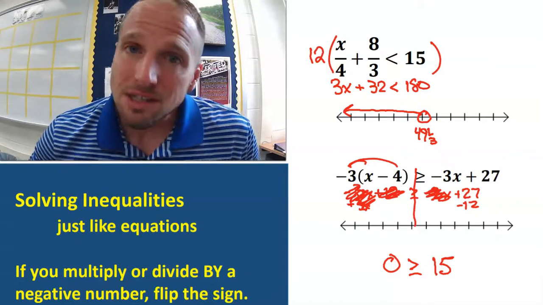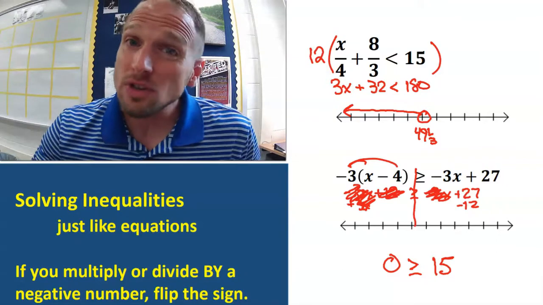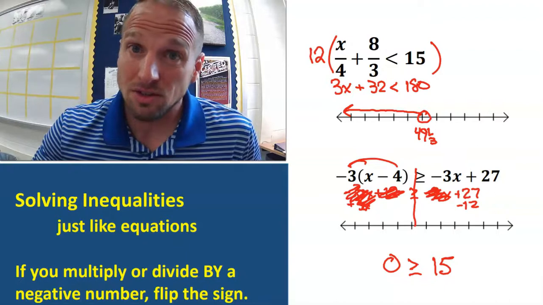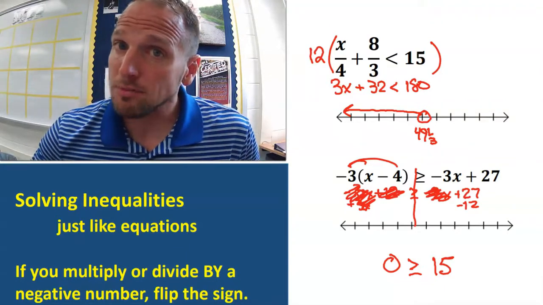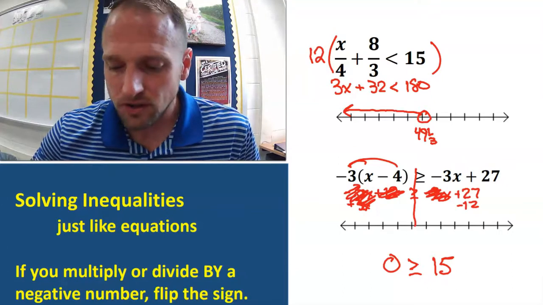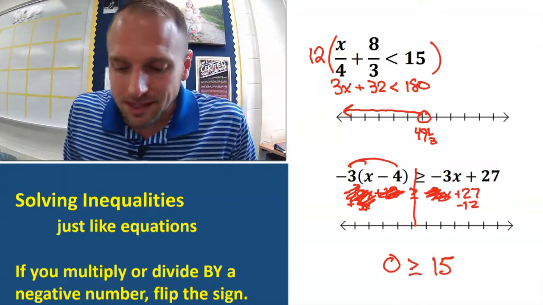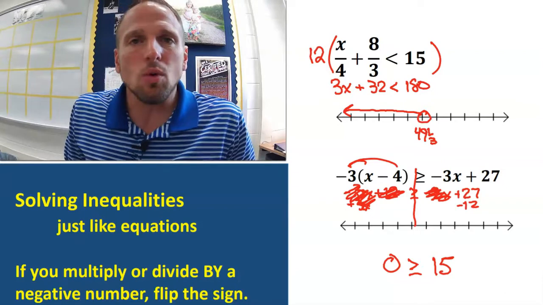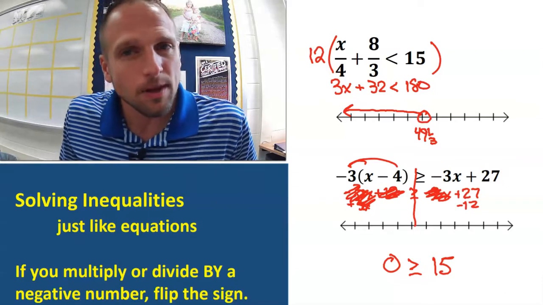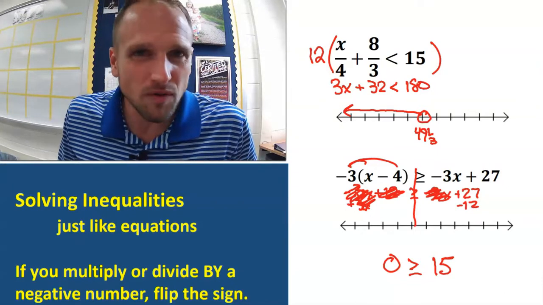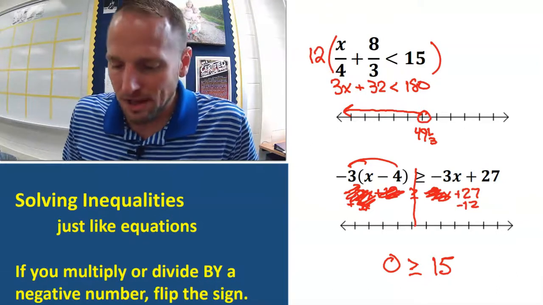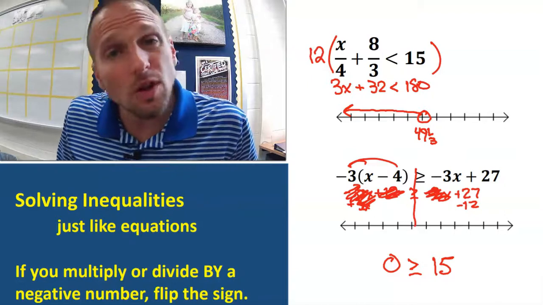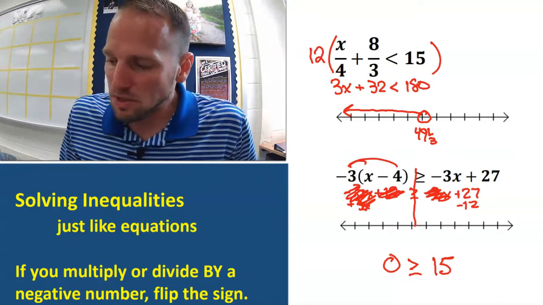Okay, but since it's an inequality, we're actually going to have to check this, all right? We're going to have to check it because sometimes it could actually be true. Let's see if it is in this situation. Is 0 greater than or equal to 15? Does that make sense? Is 0 greater than 15? No. 0 is never greater than 15, ever. So this one is going to be no solutions. Okay, this one's definitely no solution.